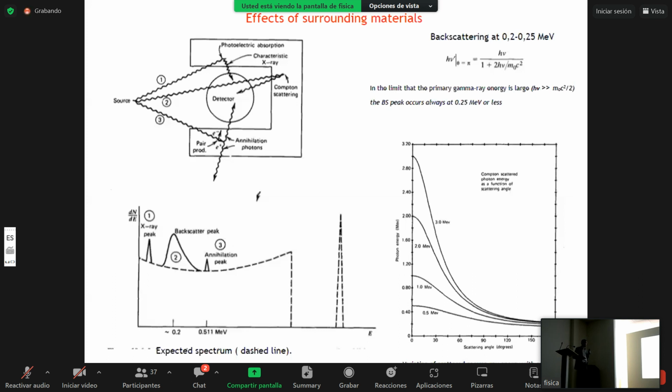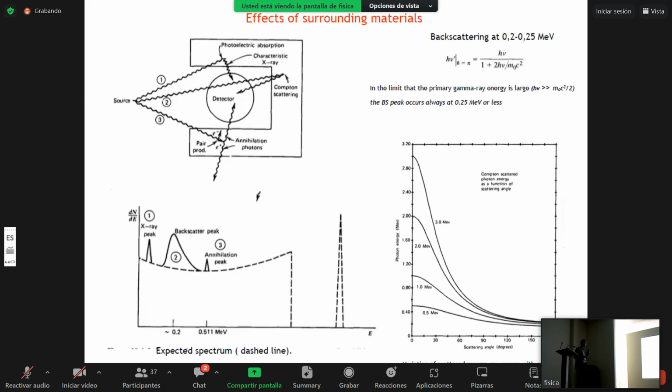And if it happens in this manner, you will get this peak, which is usually located here and is equal to 0.2 MeV or less. This process can happen in surrounding materials, and you get this annihilation peak from the electron-positron annihilation process.